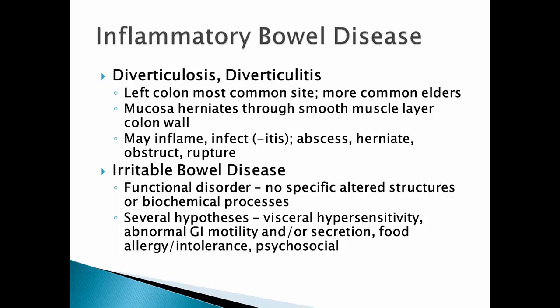In many individuals, there may be food triggers. Menses in a woman can actually trigger their irritable bowel disease, and emotional upset can trigger irritable bowel disease. In many cases, irritable bowel disease is arrived at as a pathology because we've ruled out everything else that we can. We've ruled out celiac disease. We've ruled out gluten sensitivity.